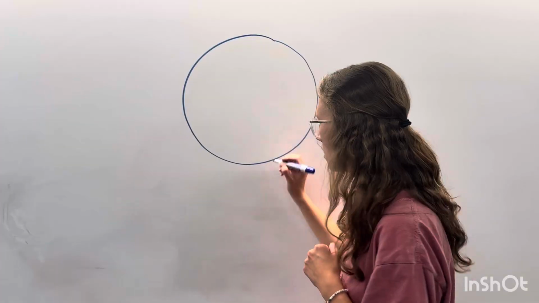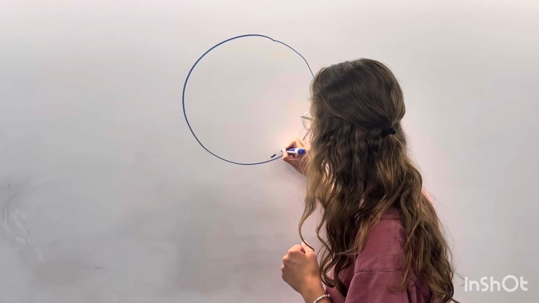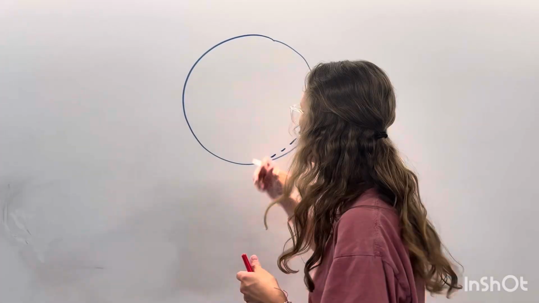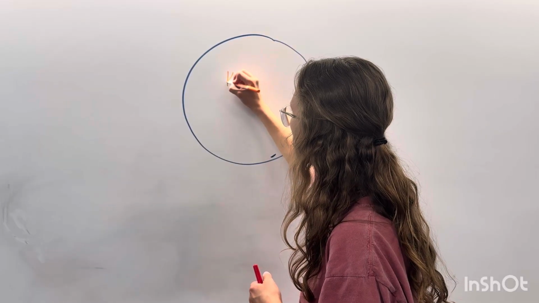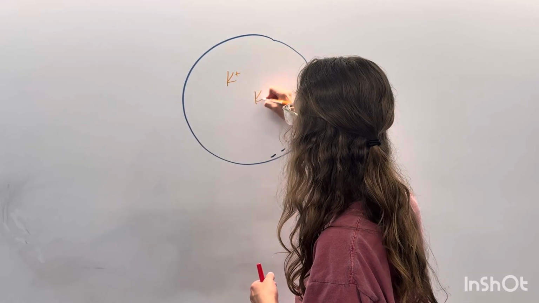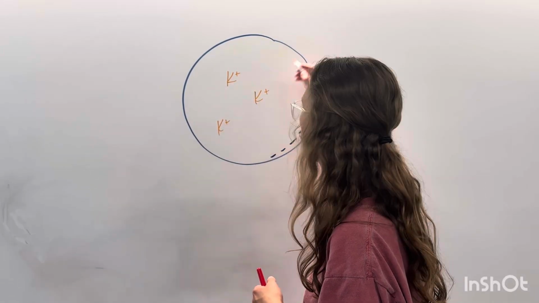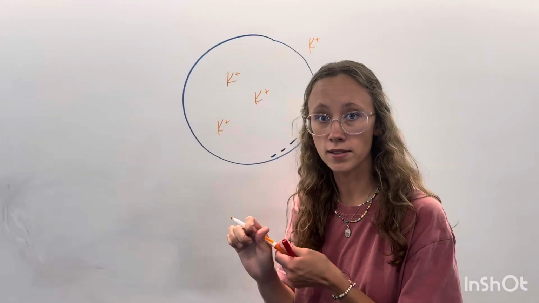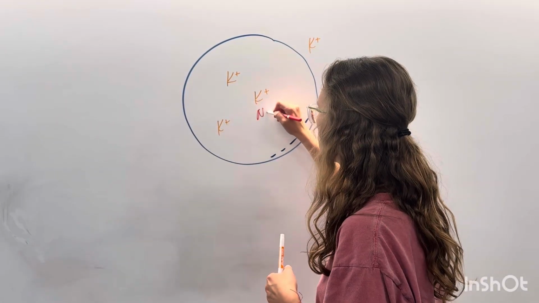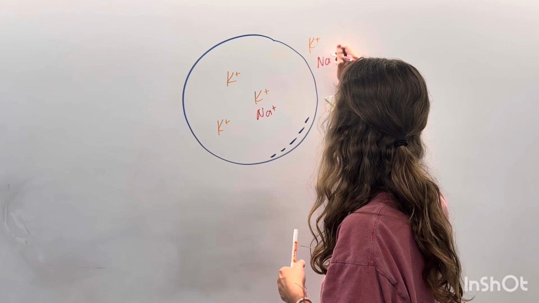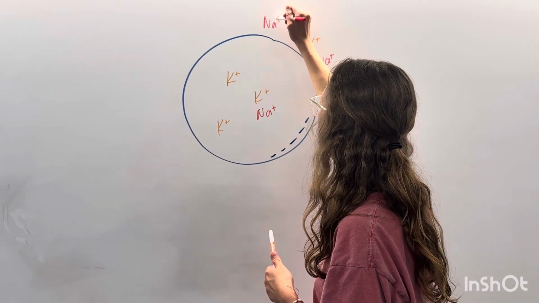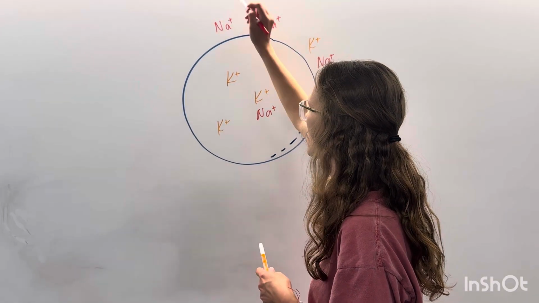So we have our cell, it's more negatively charged. Potassium is highest inside the cell, always highest inside the cell. Whereas sodium is highest outside of the cell in concentration.